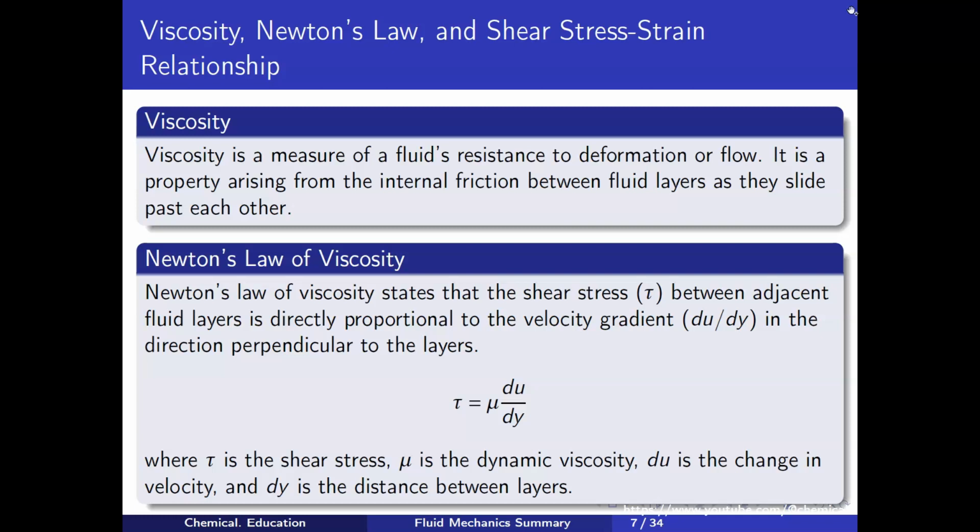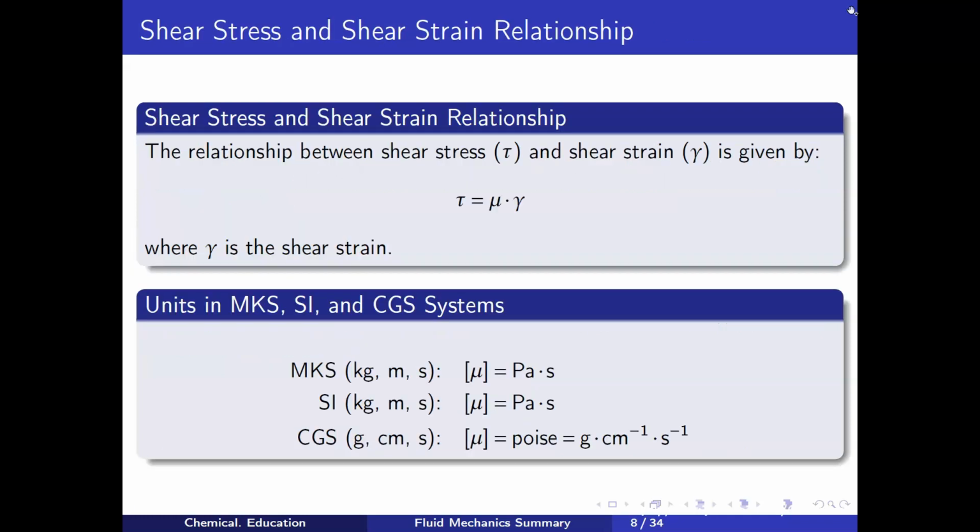Newton's law of viscosity states that the shear stress tau between adjacent fluid layers is directly proportional to the velocity gradient du by dy in the direction perpendicular to the layers. Tau is equal to mu du by dy, where tau is the shear stress, mu is the dynamic viscosity, du is the change in velocity, and dy is the distance between layers.